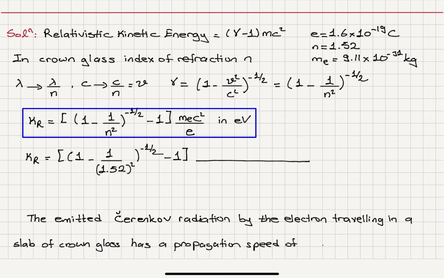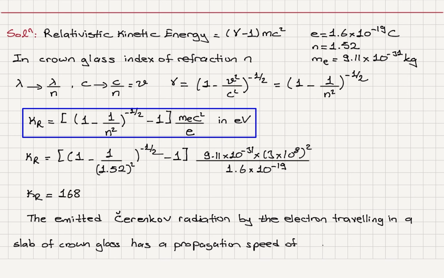And then we have mc squared, 9.11 times 10 to the minus 31 kilograms times 3 times 10 to the 8 meters per second, the speed of light in vacuum, squared. And we have the electron charge 1.6 times 10 to the minus 19 coulombs. And this gives us a relativistic kinetic energy of 168 kilo electron volts.